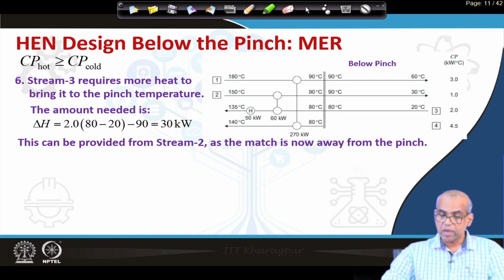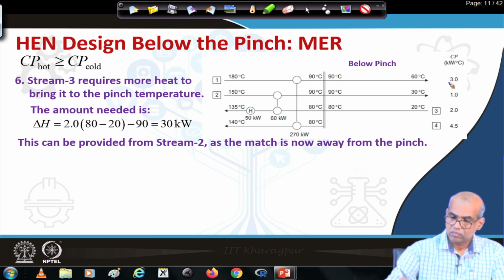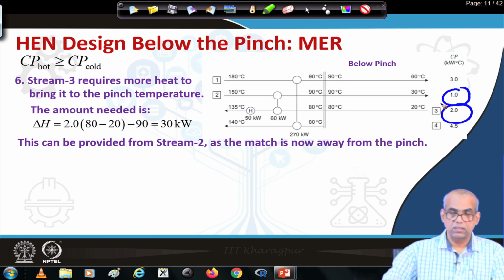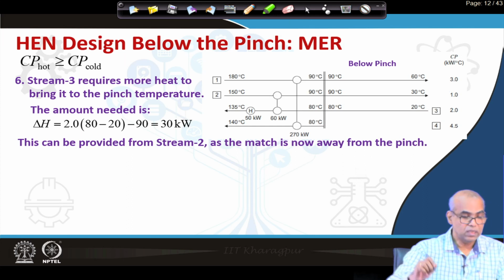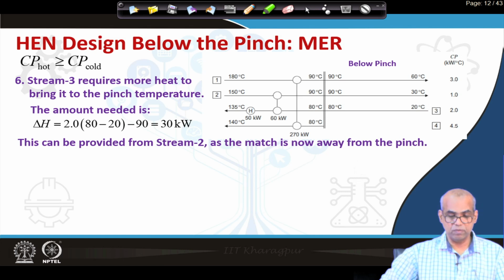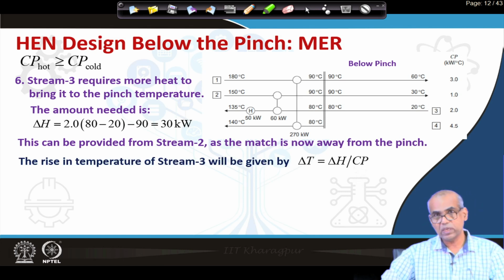Note that the Cp value of stream 2 is less than the Cp value of stream 3. So, the condition Cp of hot stream greater or equal to Cp of cold stream is being violated, but this match is now away from the pinch. So, this match can be feasible. Of course, we must find out the temperature and make sure that delta T minimum is not being violated.